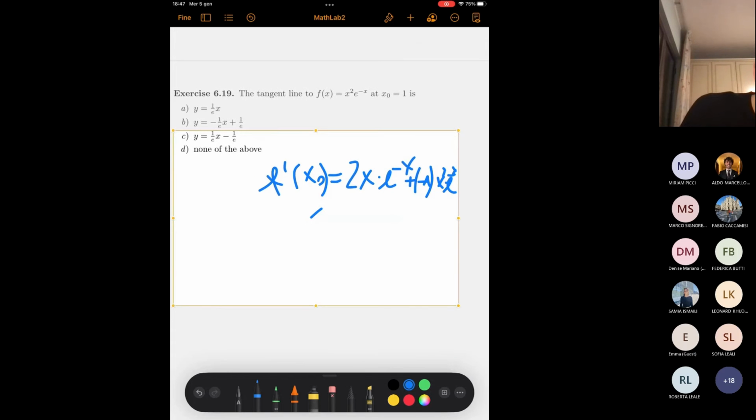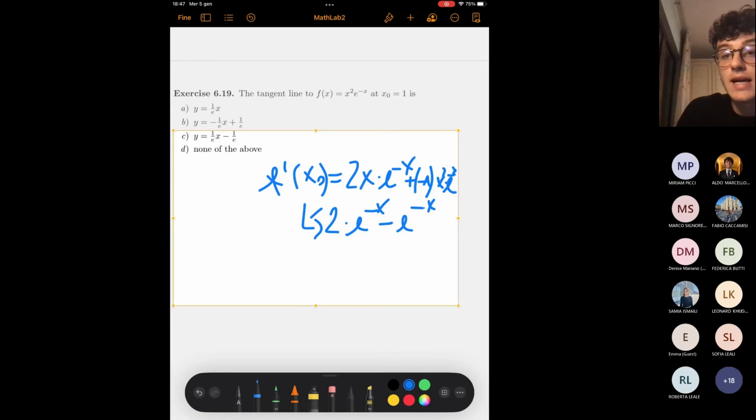Okay, and so substituting this value here, we will obtain 2 times 1 times e to the minus x minus x squared, which is equal to 1, e to the minus x, in order to calculate that derivative.